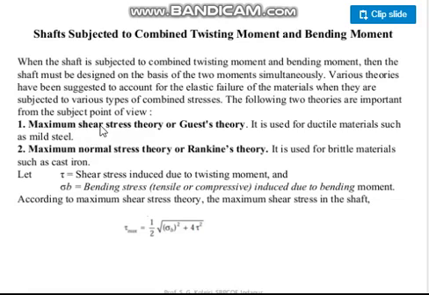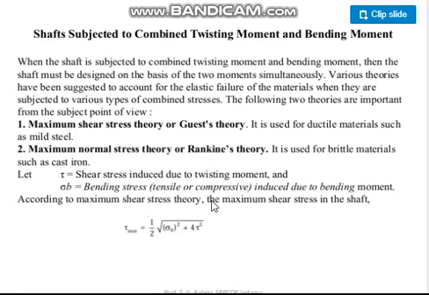So in that, the maximum shear stress theory or Guest theory is used for ductile materials such as mild steel when torsion is coming, and the maximum normal stress theory or maximum principal stress theory, which is the Rankine theory, is used for brittle materials such as cast iron. But even if it is not a brittle material, when only bending moment is coming, there also we use this theory.